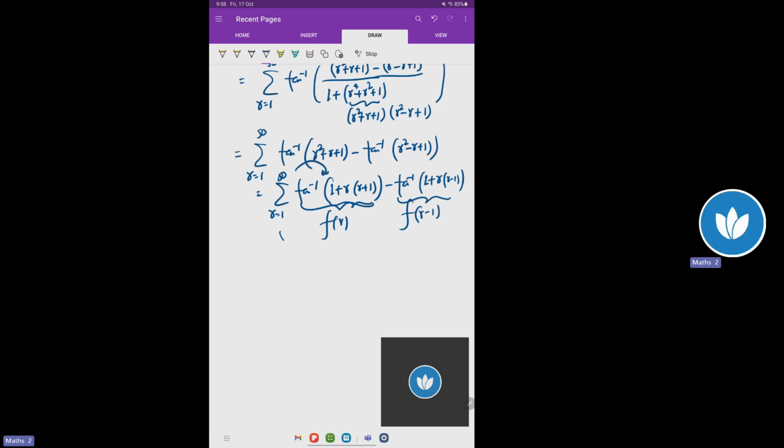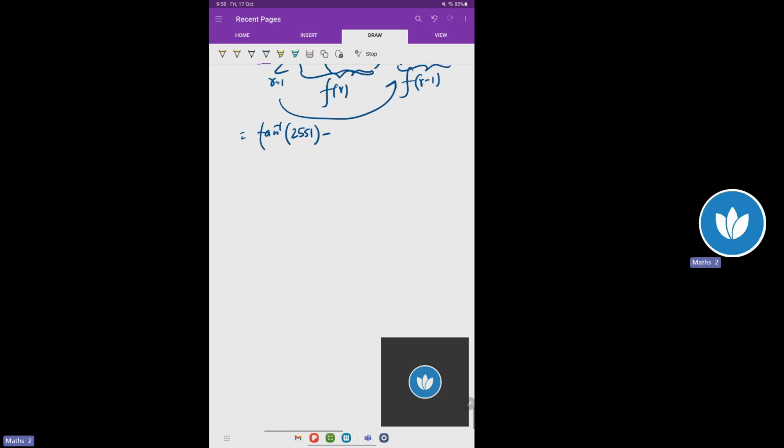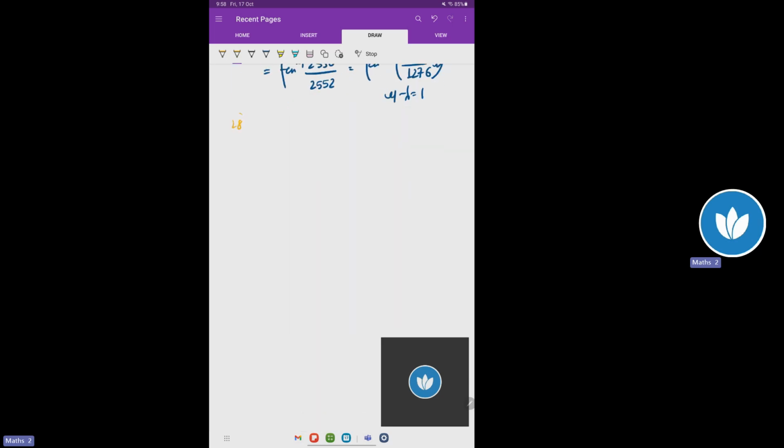You can put 50 in the first and 1 in the second. So this is tan inverse 2551 minus tan inverse 1. If you simplify this using the tan inverse a minus b formula, you get 2550 upon 2552. Solving this, 1275 and 1276, obviously two consecutive natural numbers are always co-prime. So what is their difference? The difference is 1. Now let's move to the next question, question number 28.